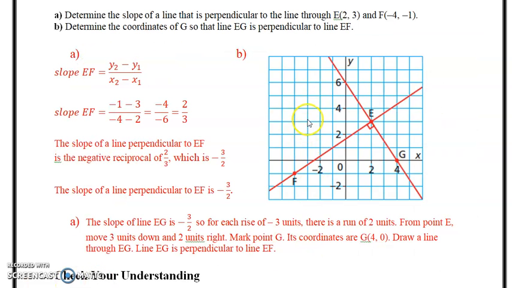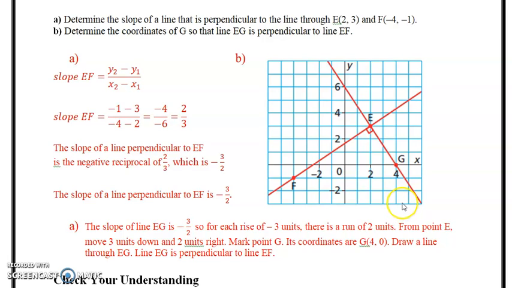So what we do is, the slope of the line EG is negative 3 over 2. So for each rise of negative 3 units, there's a run of 2 units. So we go from point E, and from there, we use the perpendicular slope of negative 3 over 2.